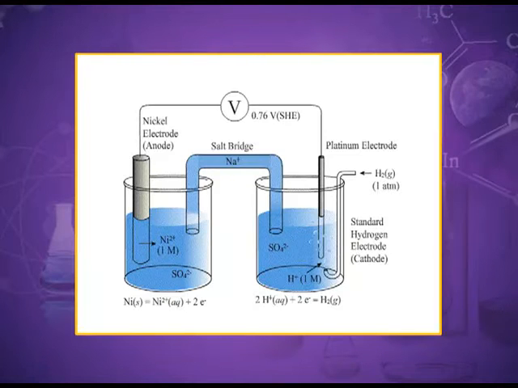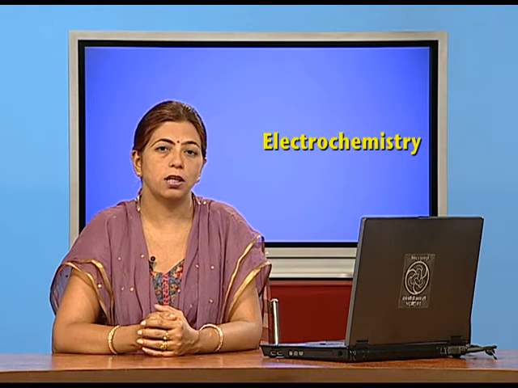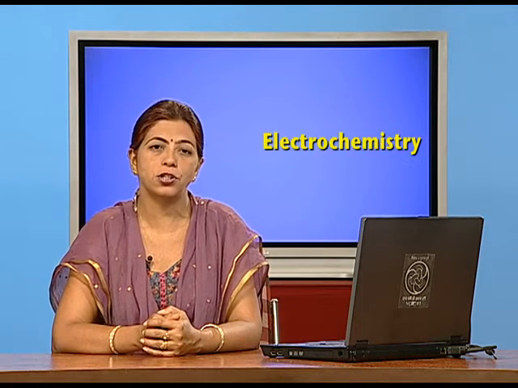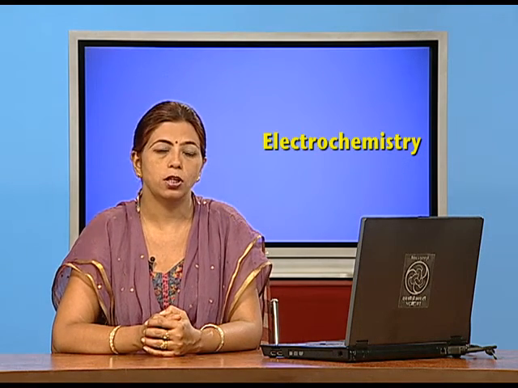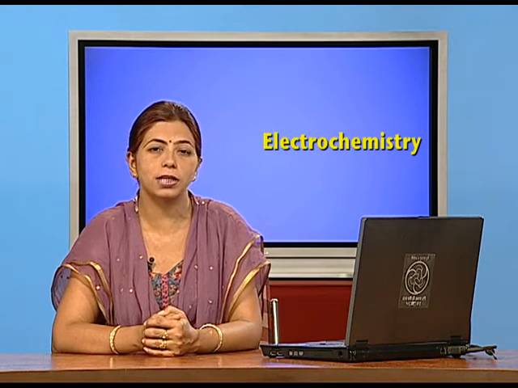In the figure, now you can see that the standard hydrogen electrode is connected to another half cell. It is a nickel half cell. SHE acts as the other half cell, and you can see that the two cells are internally connected through a salt bridge, the function of which has been made clear to you in the previous class.